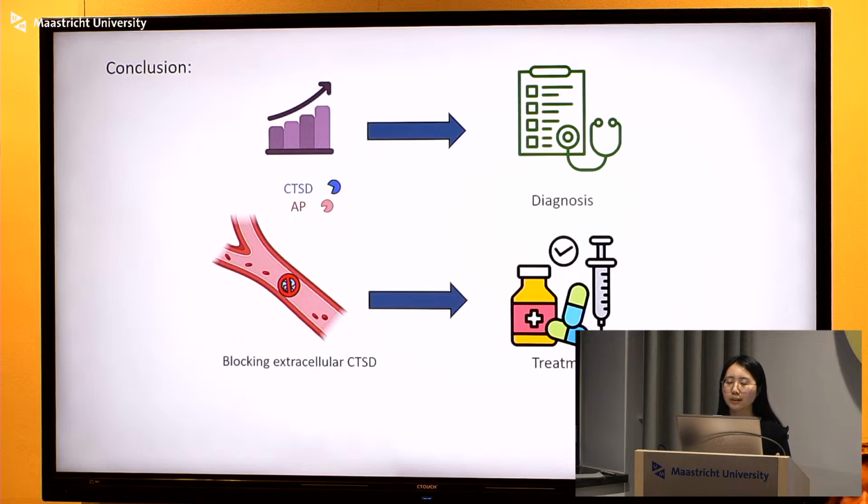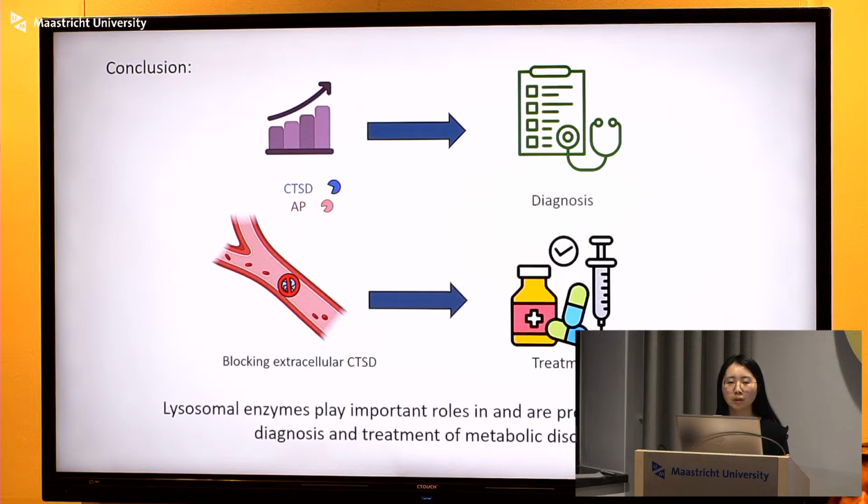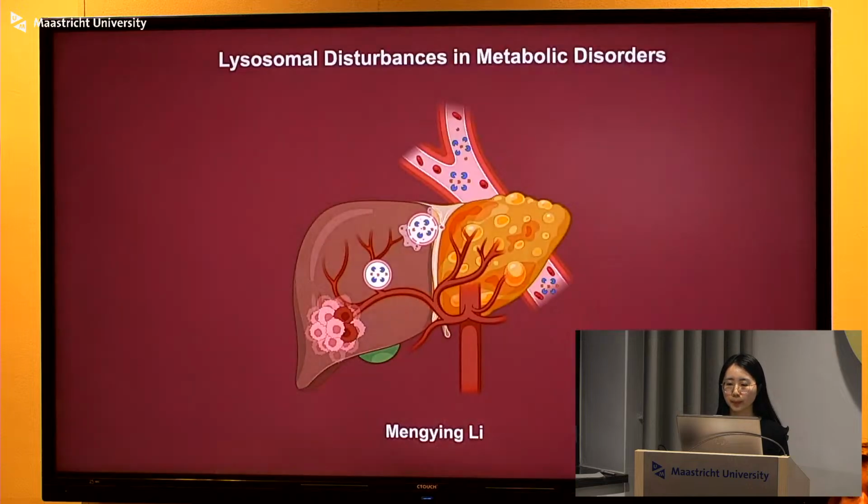Additionally, blocking extracellular cathepsin D led to improvement in treatment of MASH. And so, in conclusion, lysosomal enzymes play important roles in and are promising targets for diagnosis and treatment of metabolic disorders. Thank you for your attention, and I'll give the word back to Prorector.